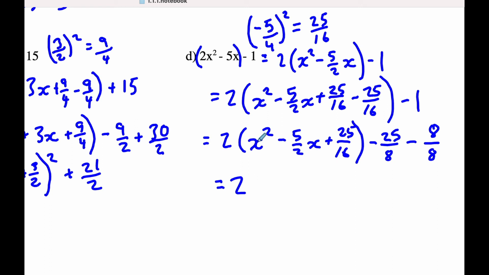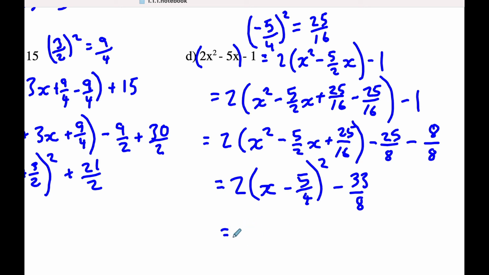Now we factor this perfect square trinomial, and this is going to be x minus 5 over 4, squared. And minus 25 over 8 minus 8 over 8 is equal to minus 33 over 8.